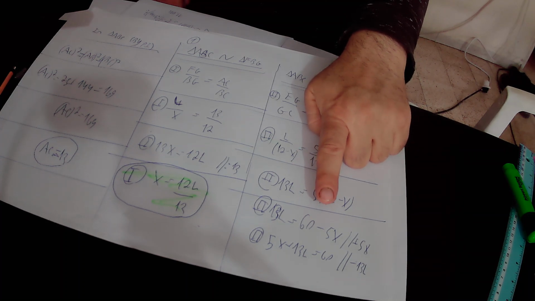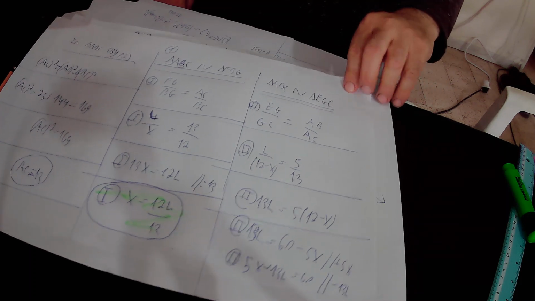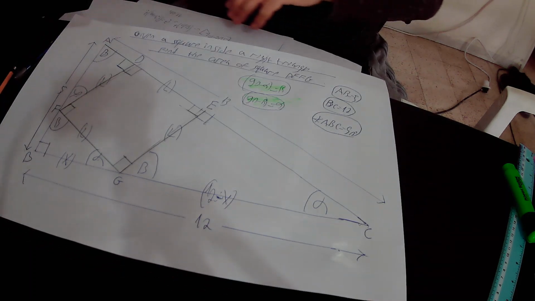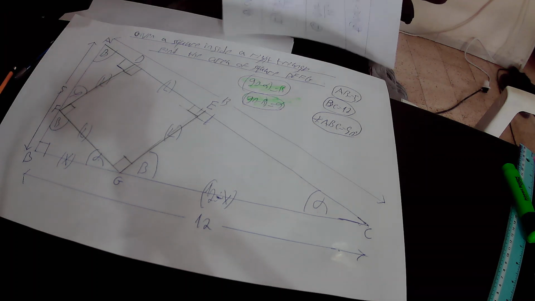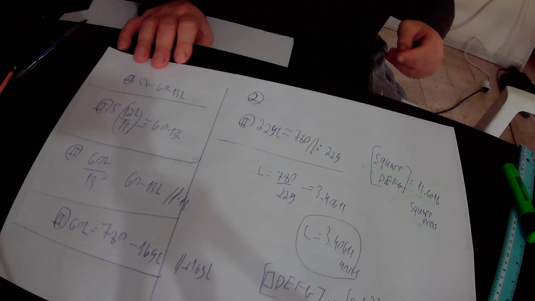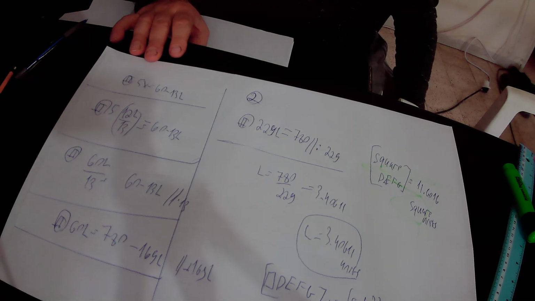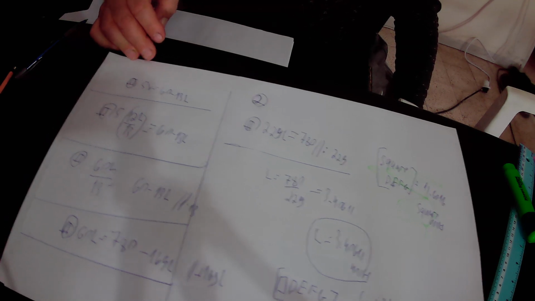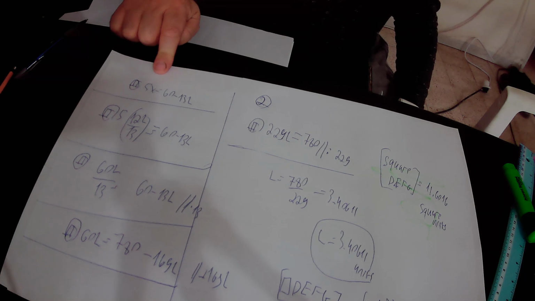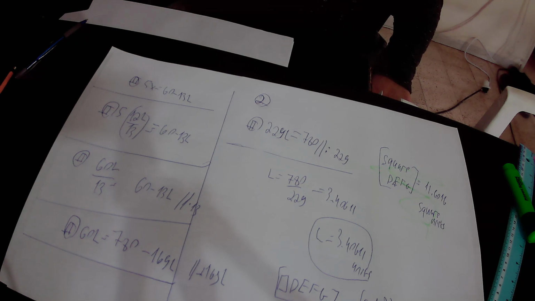Here we subtracted 13L from equation 2, and found that 5x equals 60 minus 13L. Here we divided equation 2 by 5, but before that, we substitute x in equation 2 by the value of x that we found in equation 1.